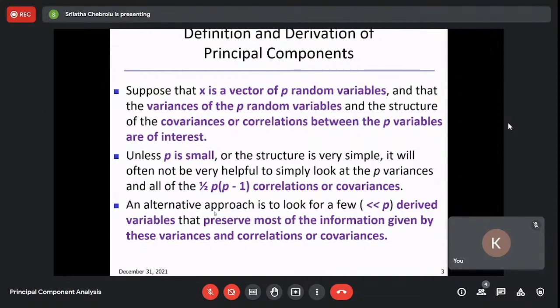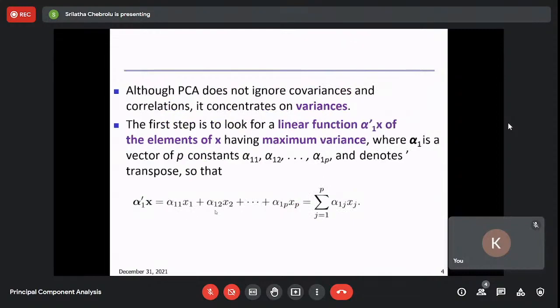So an alternative approach is to preserve most of the information given by these variances and correlations. PCA is an alternative approach. Otherwise, we have to find the covariances between p into p minus 1 by 2 pairs, so in order to avoid that, we go to PCA, principal component analysis.